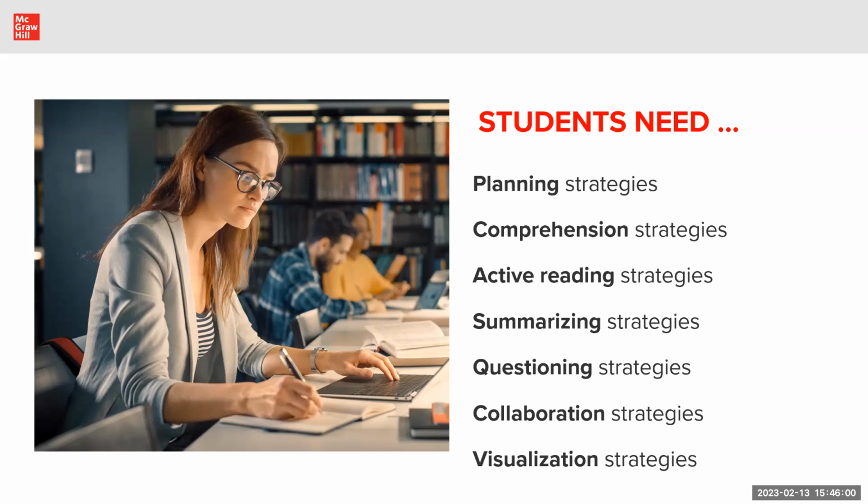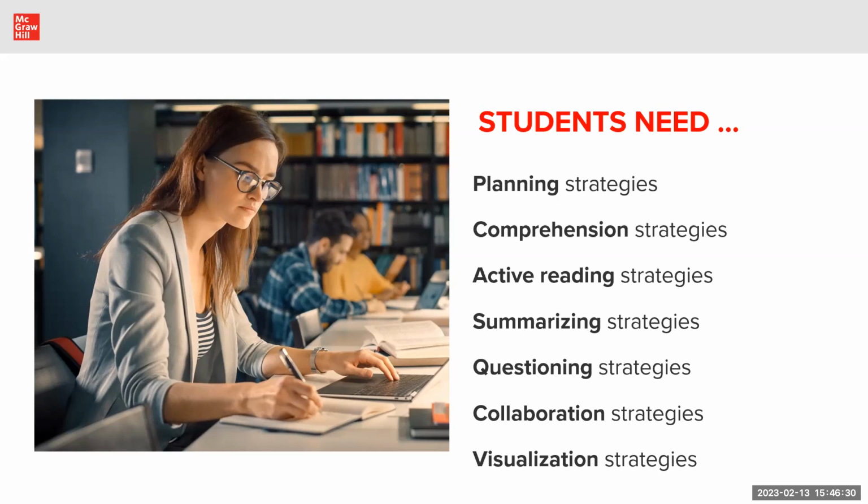As I say, collaboration strategies in terms of the students working together, sharing information, sharing viewpoints, sharing their own personal strategies for learning. And for those students who do learn well visually, visualization strategies, helping memory retention, maybe things like graphic organizers and so forth, to present information in a different way that's easier for a visual learner to relate to.